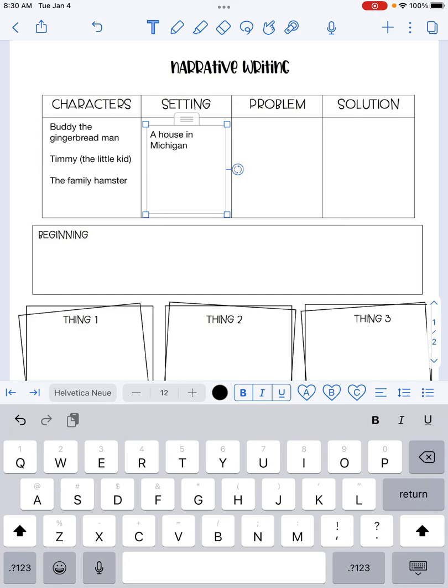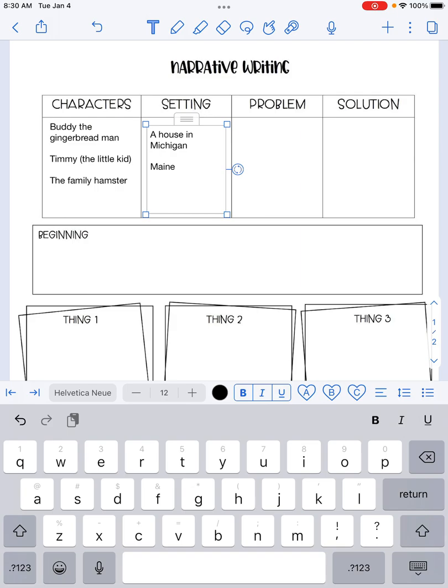So maybe I like this idea better. Maybe he jumps into a package that's going to be sent out to a relative. Yeah, I like that idea. So maybe he's going to be shipped somewhere. Maybe I'll say he's going to be shipped to family in Maine.